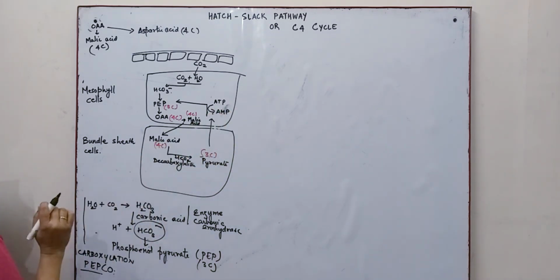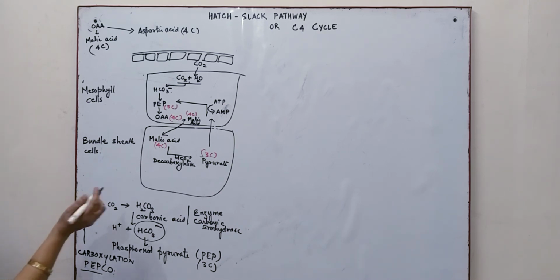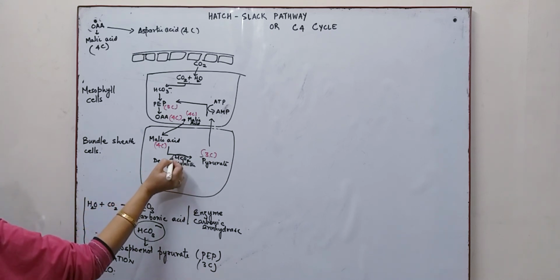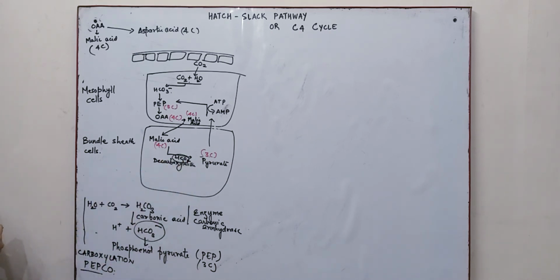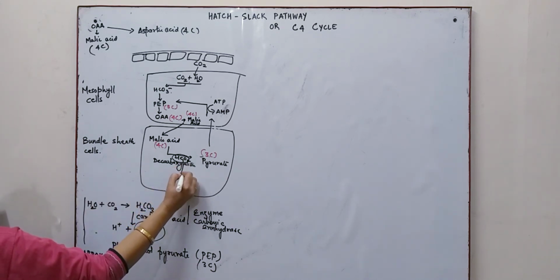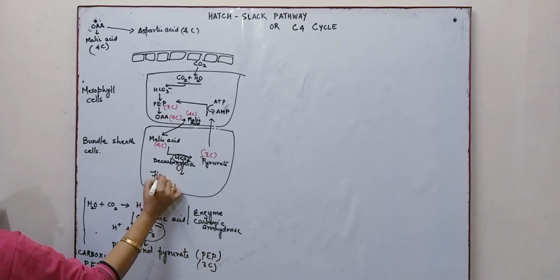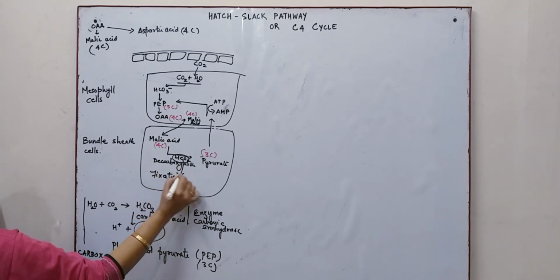The carbon dioxide which is being released during this decarboxylation is taken up by RuBP in presence of enzyme, and its fixation is done by the Calvin cycle.